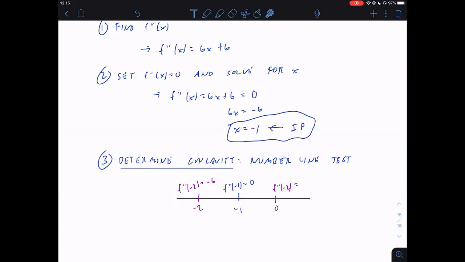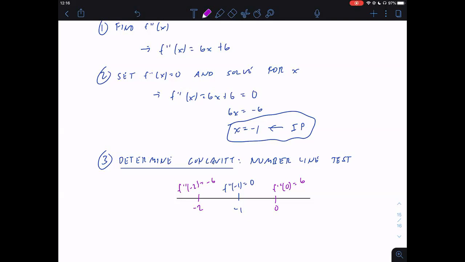And now, oops, why did I say negative 2 twice? That should be 0. We're going to plug in 0 into the second derivative. So 6 times 0 plus 6 just gives us positive 6.